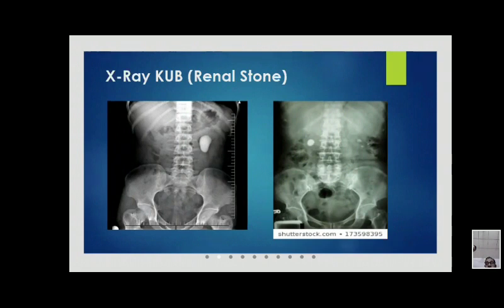If it is a large stone and facility is available, the best is PCNL. If the size is less than 2 centimeter, you can go for ESWL. So PCNL is the best treatment option for stone disease if facility is available. This is a minimally invasive technique without open surgery.